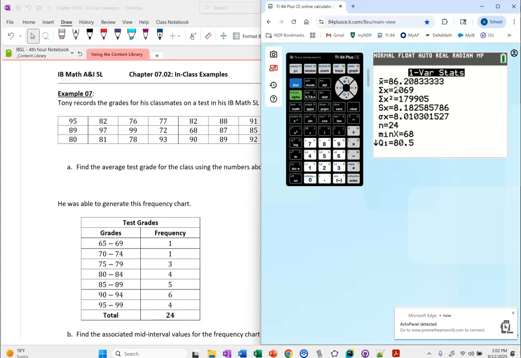Is everybody cool? The top one is the mean, x bar is mean, yes. So 86.2 was our average. So far so good? We have to make it to three figures. Correct. So 86.2.